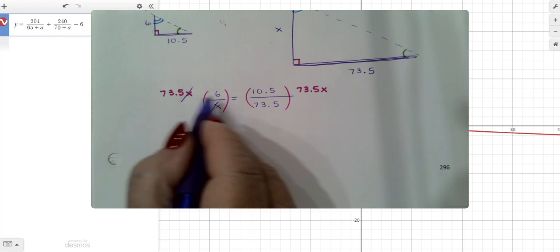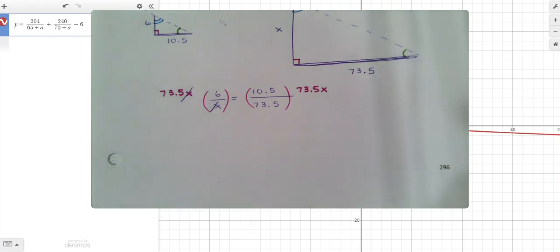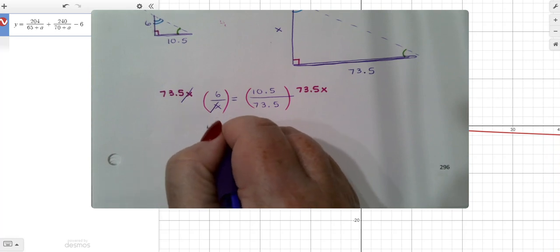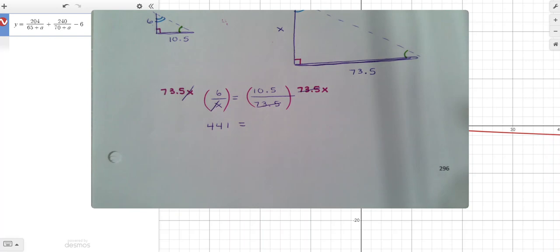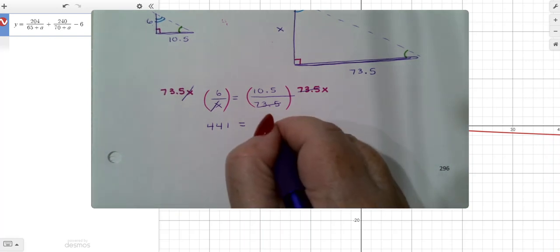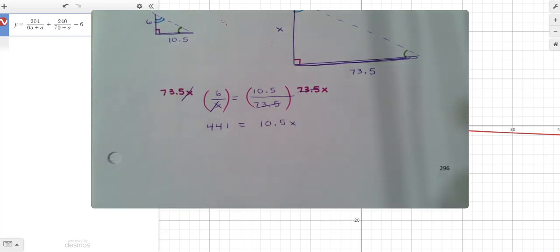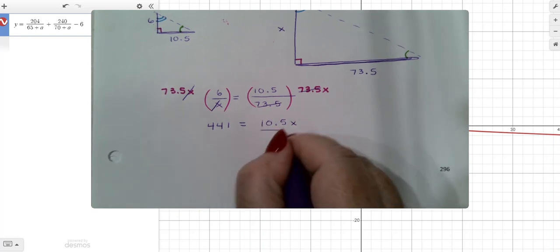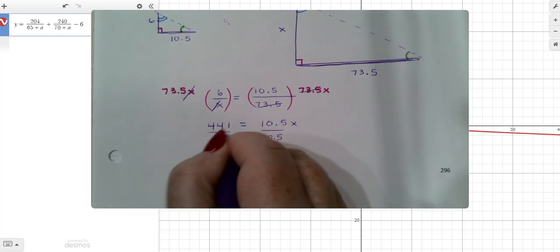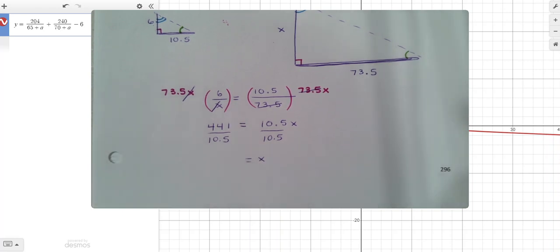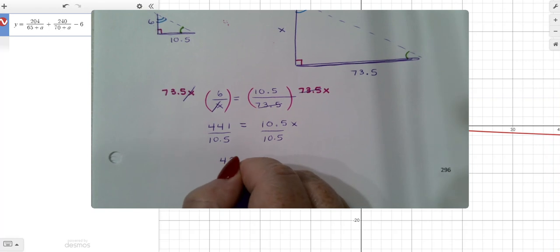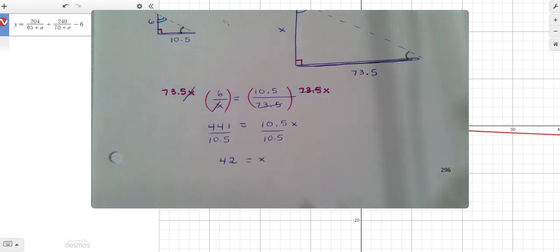I have 73.5 times 6, which is 441. And divide out the 73.5s. I have 10.5x. So to solve for x, I'll divide both sides by the 10.5. And I get 42. So this tree is 42 feet tall.